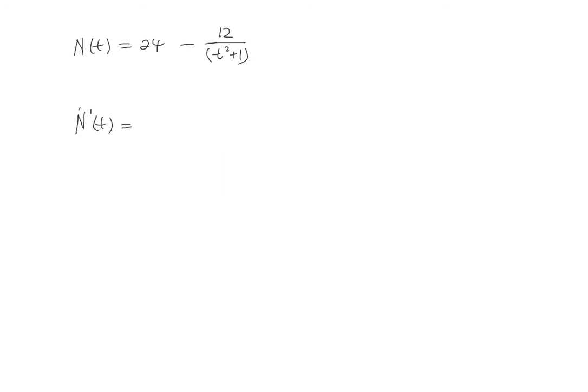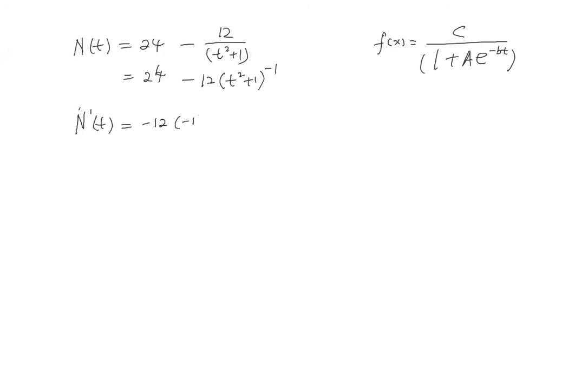This is exactly like this type of function, correct? Still remember the logistic function that I told you? The whole thing at the bottom, you bring up. So I got -12. Bring down the power, copy down the whole thing, power take away 1, times the derivative of the power.